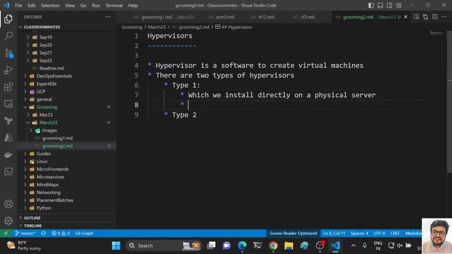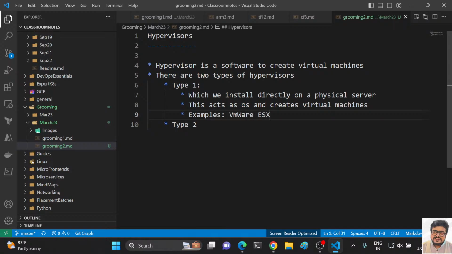Okay. This acts as the operating system and creates virtual machines. This is a type 1 hypervisor. In all your data centers, people generally prefer using type 1 hypervisors. The most popular type 1 hypervisor is VMware ESXi.